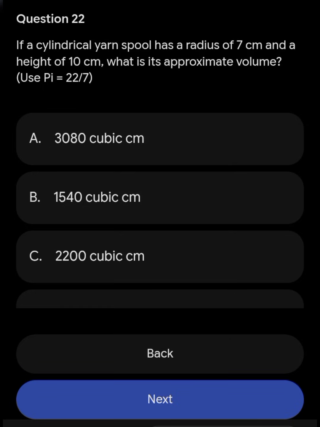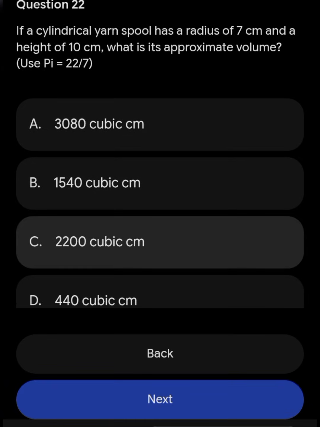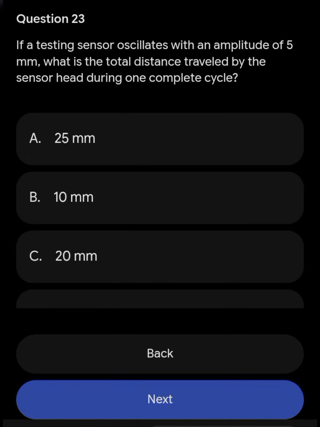First we need to check whether all the parameters are given in the same proportion or not. The volume formula is pi into radius squared into height. We need to know the basic formulas.